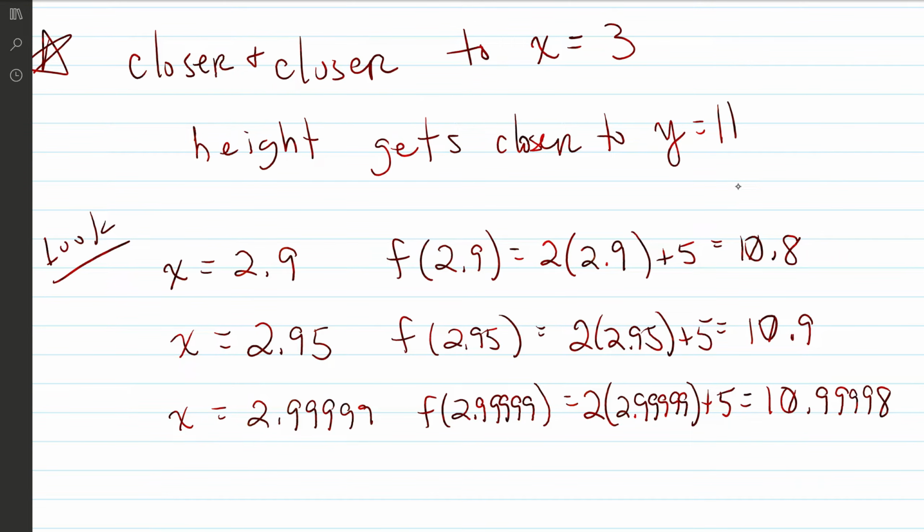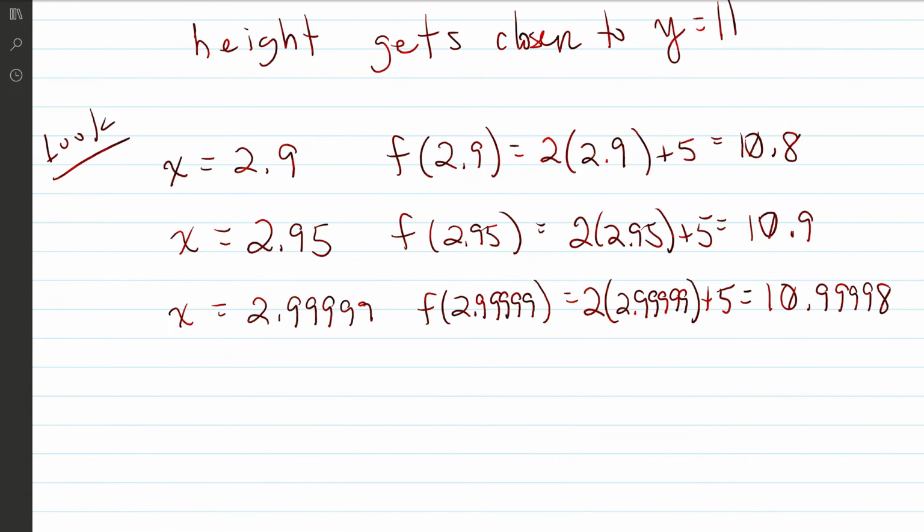All right, so as we increase that x value, 2.9, 2.95, 2.99999, that y value is 10.8, 10.9, 10.99998, right? So f is headed straight for (3, 11). It's going really towards that.